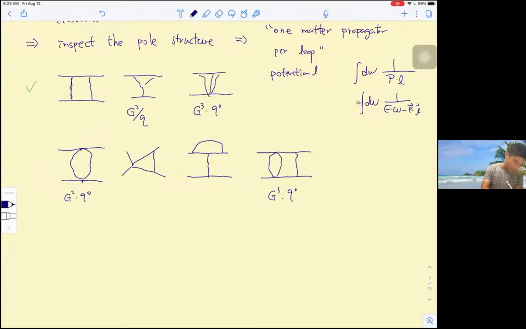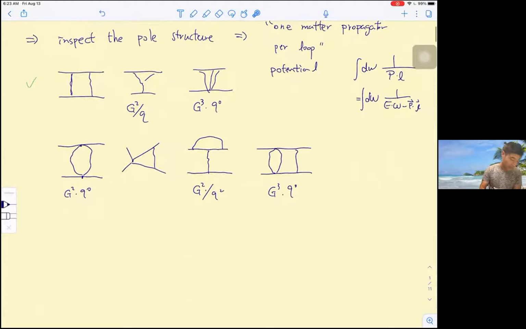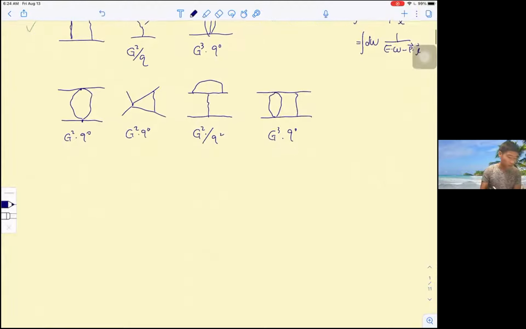And likewise, this one actually has G squared over Q squared, because if you count the number of propagators, it's the same counting as the iteration box diagram. So the Q counting itself is actually inconclusive, or insufficient.